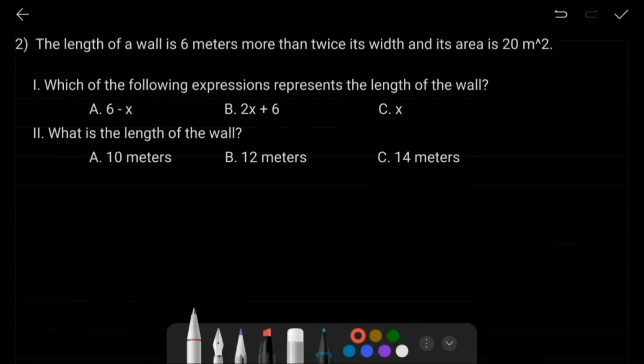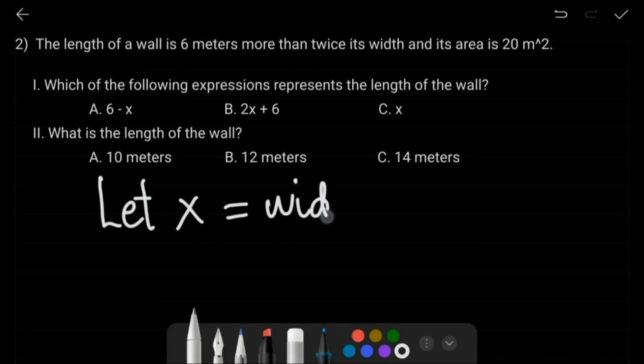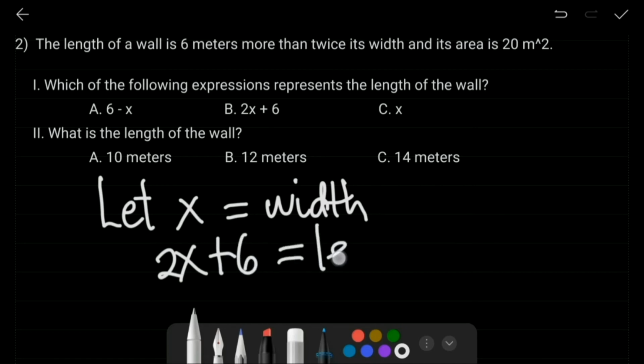So we will solve the problem. Let x equal the width and 2x plus 6 is the length.